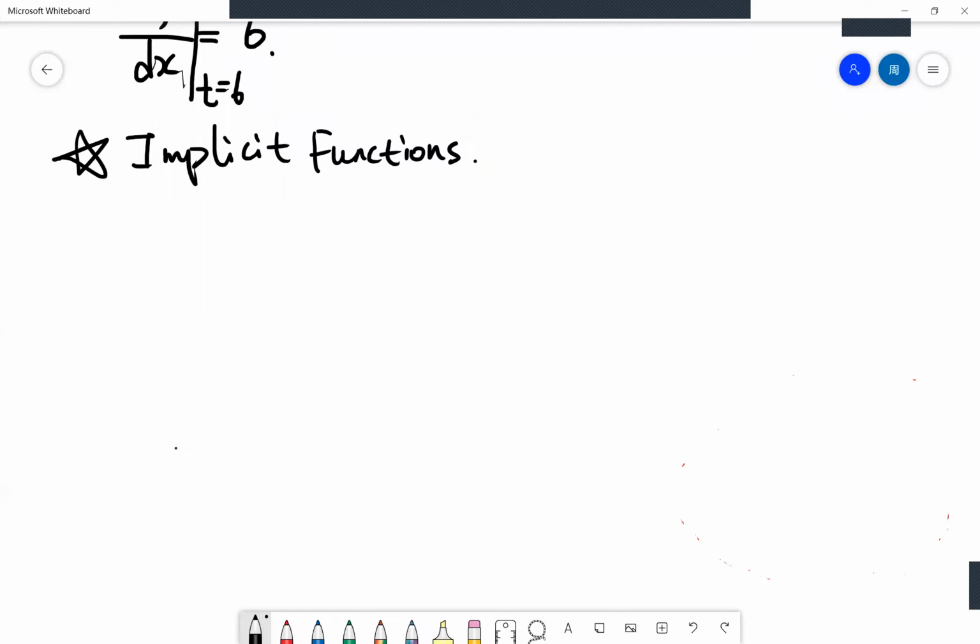Most functions we have seen are described by an equation of the form y equals f of x, for example y equals sine x, or more complicated, y equals sine of x squared minus 4.